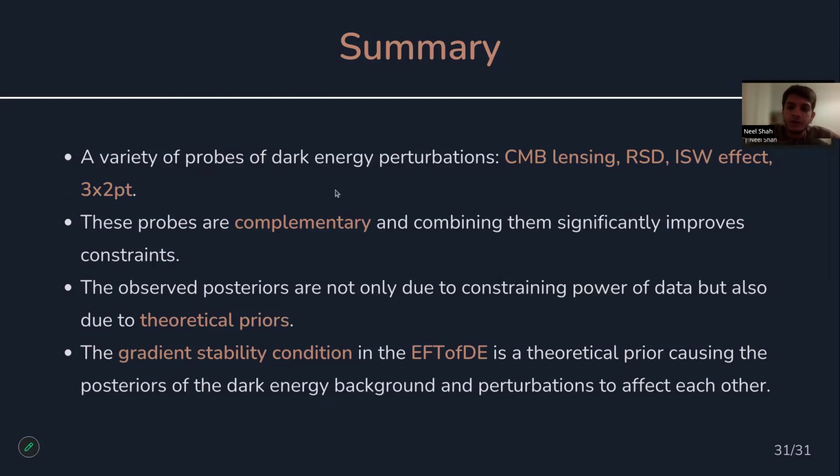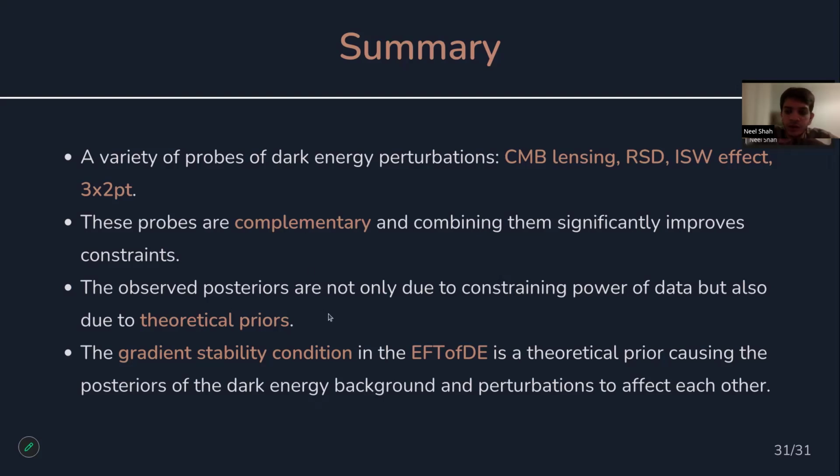Now I will conclude. I have shown that we have a variety of probes of dark energy perturbations. These probes are complementary, and so by combining them, we get significant improvements in our constraints for all of our parameters.